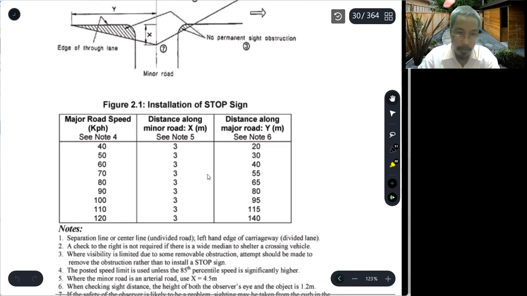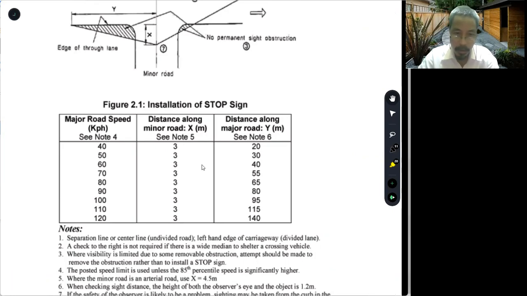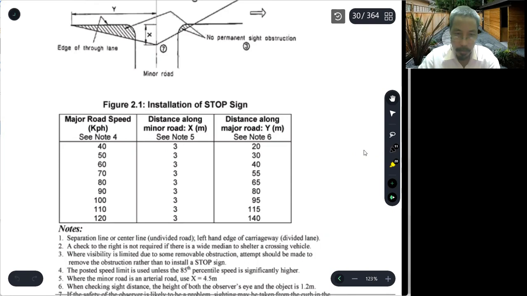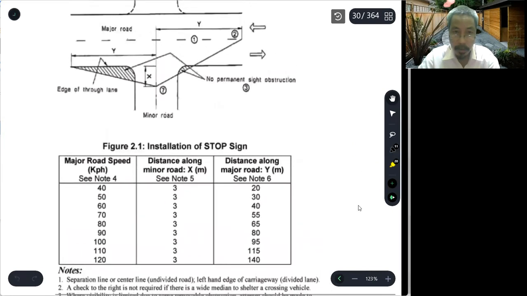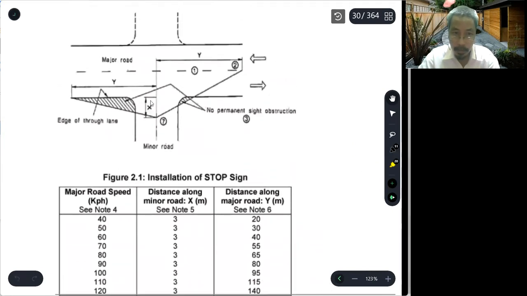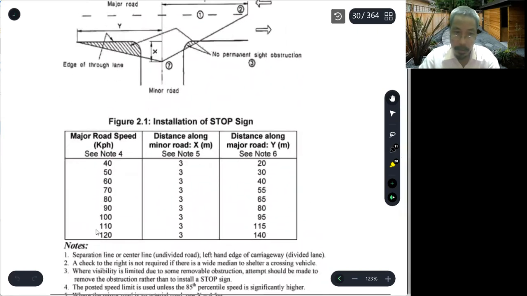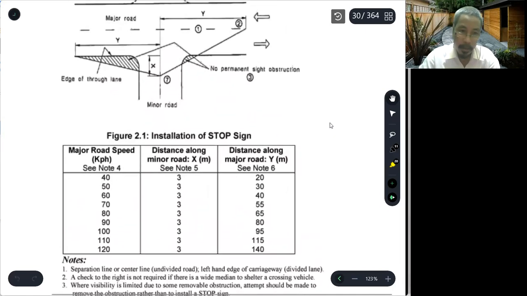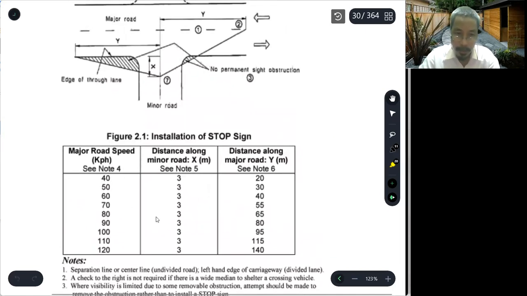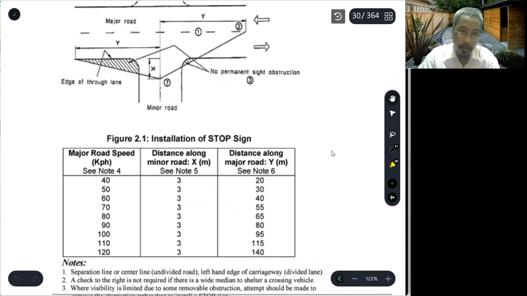And number five, where the minor road is an arterial road, use X equal to 4.5. This is the value of X. So the values of X and Y here are from the table. It depends on the speed. For example, at 80 kph, we have X equal to 3 and Y equal to 65 meters.